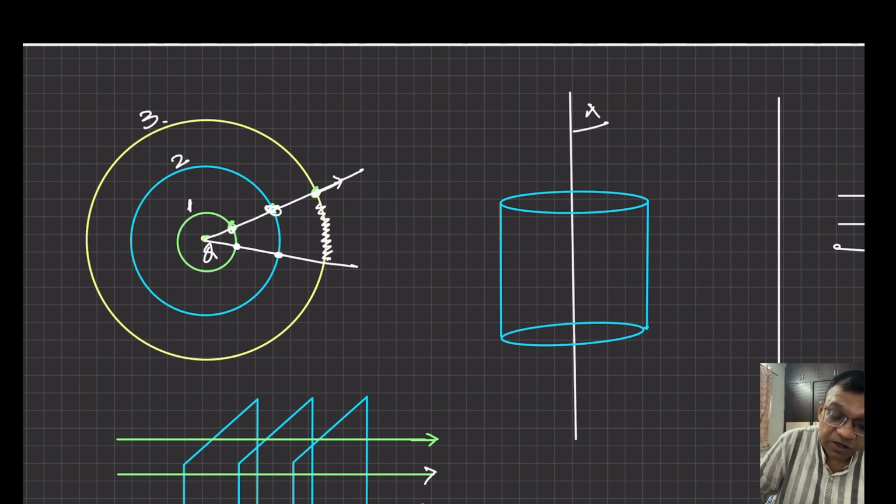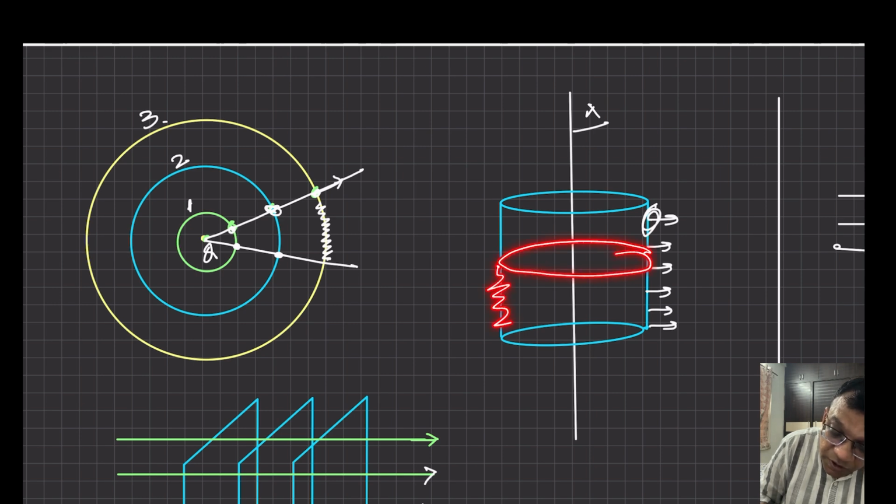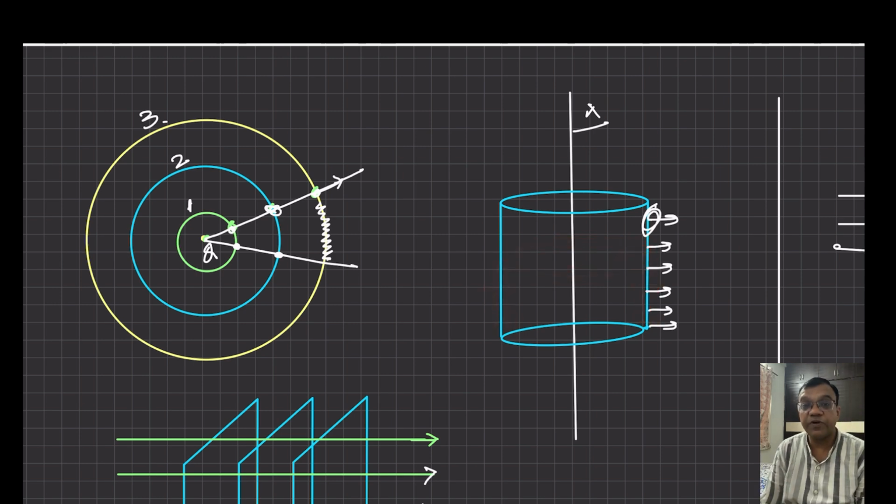So we can say due to an infinite line charge, at the same distance from the wire, the field is the same. So if we draw a cylindrical surface with the infinite line charge as its axis, then this cylindrical surface will become an equipotential surface.